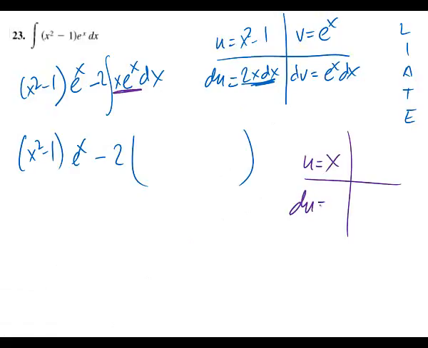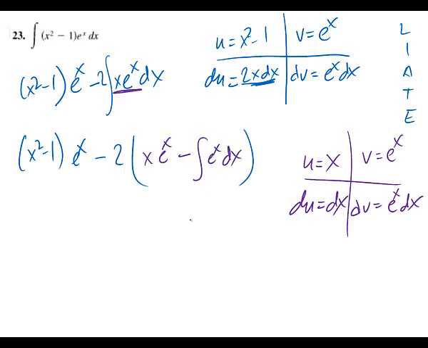X. So du is going to be dx. dv is going to be e to the x dx, so v is going to be e to the x. So uv would be x e to the x minus the integral of v e to the x du, which is dx.